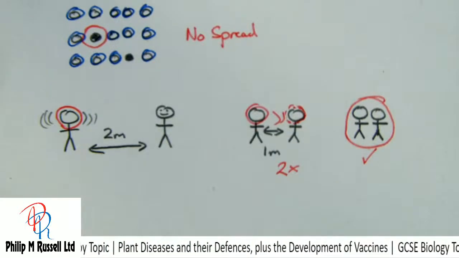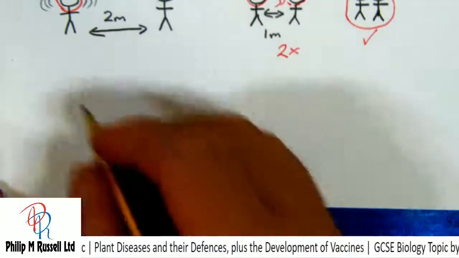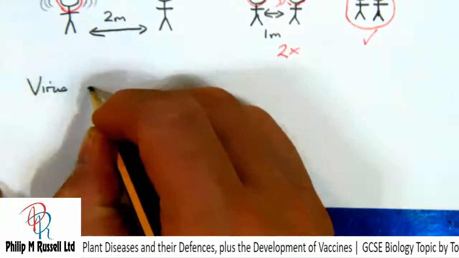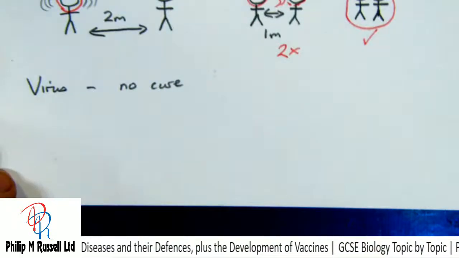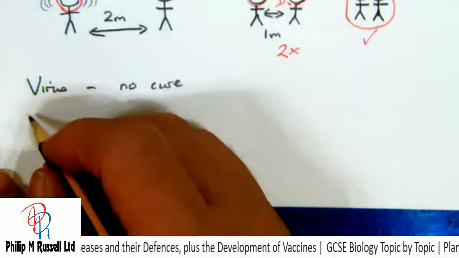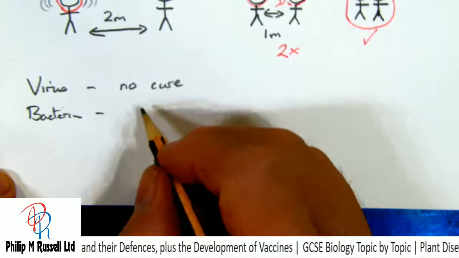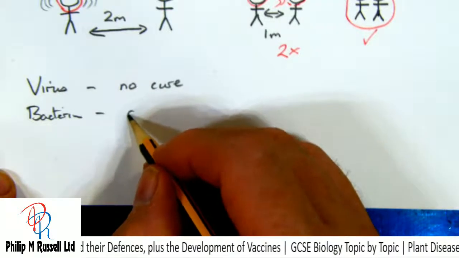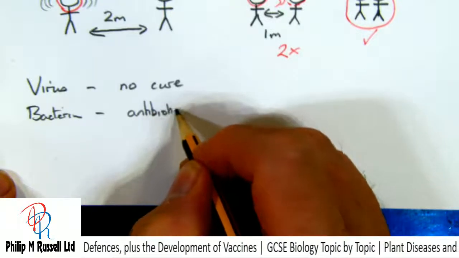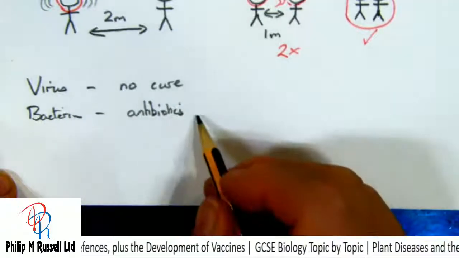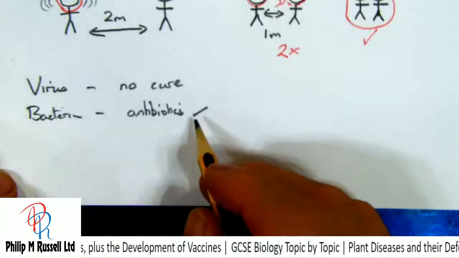We have to remember that when we come to try and cure a disease, with a virus there is basically no cure. Once you have the virus, it's up to you to deal with it. If we've got some bacteria, then we do have antimicrobials, antibiotics, and they work. But sometimes people say, oh, I'm not going to have an antibiotic.